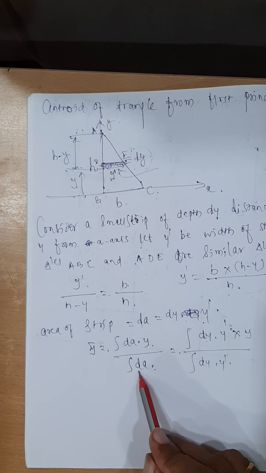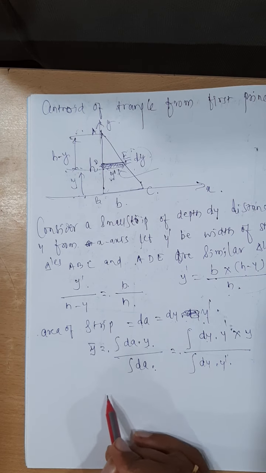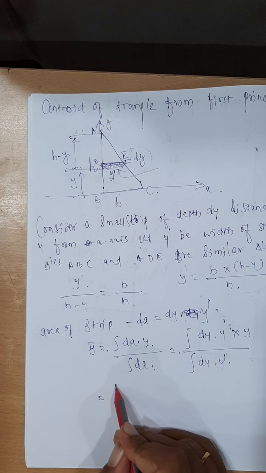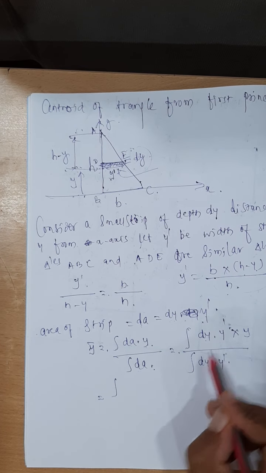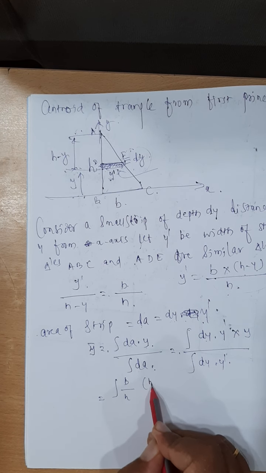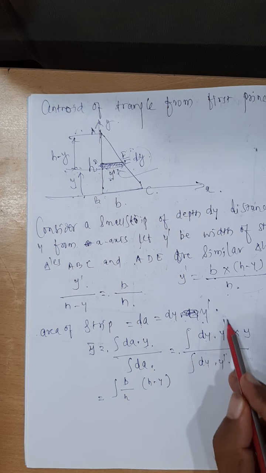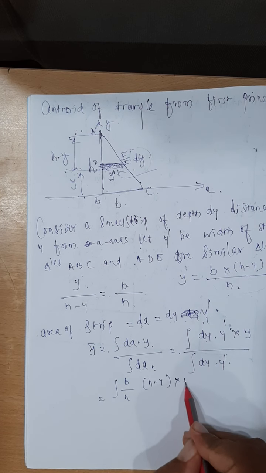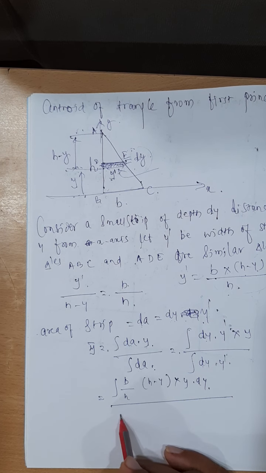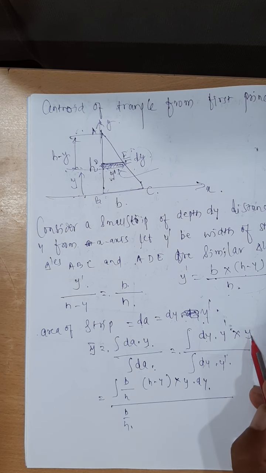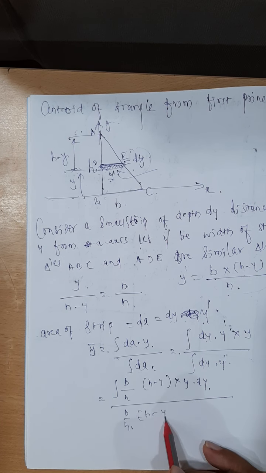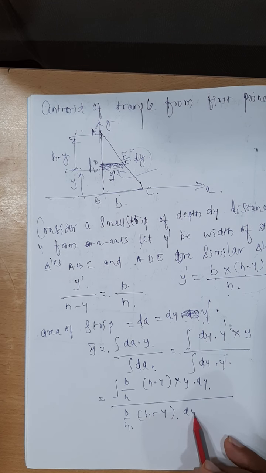Indirectly, the integral of dA is the area of the triangle. Substitute these values here: y dash is b by h into h minus y. So we have b by h into h minus y into y into dy, divided by b by h into h minus y into dy.